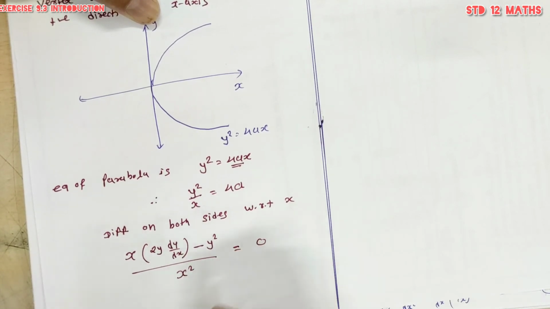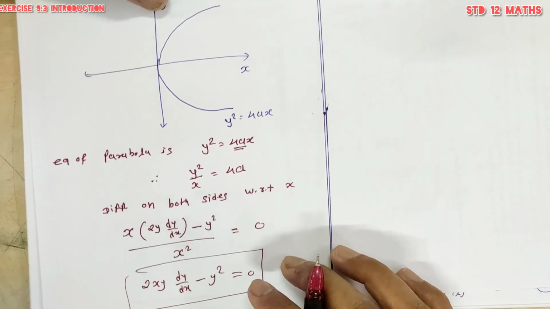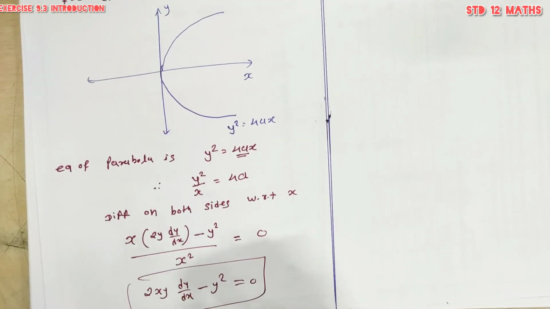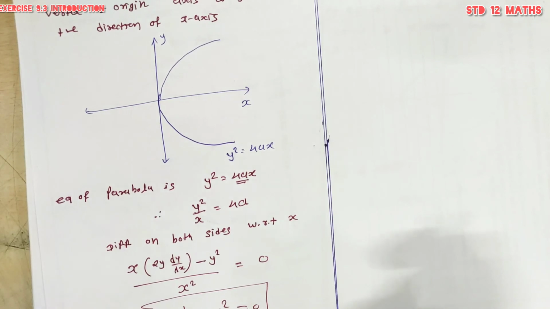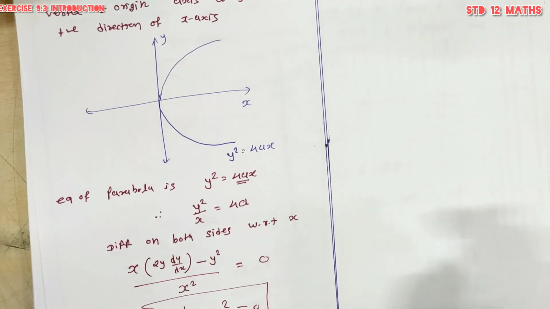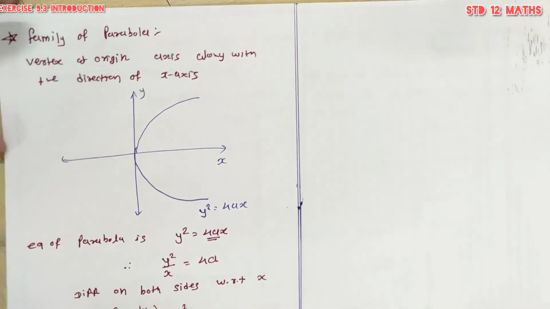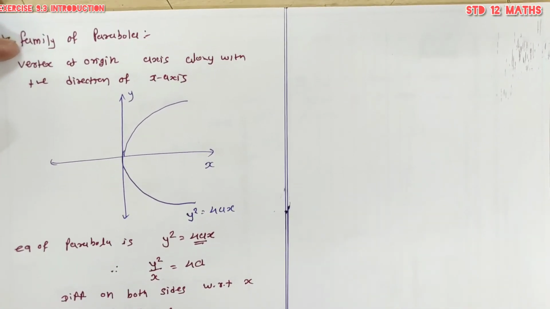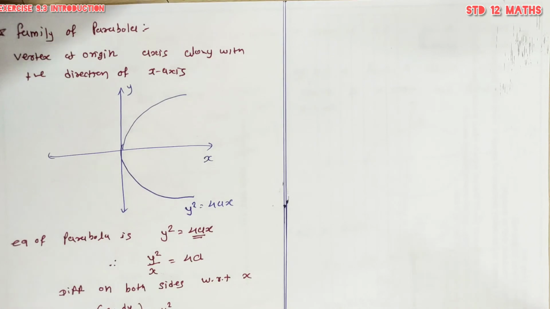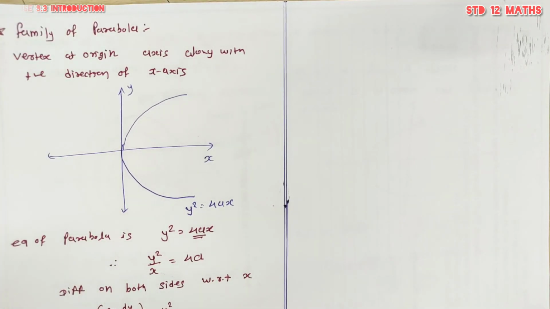Done. Multiply by x square, so it's 2xy dy by dx minus y square equal to 0, which is the first order differential equation of the family of parabola. Done. So this is how you can obtain the differential equation for any given curve. So now we will start exercise 9.8.